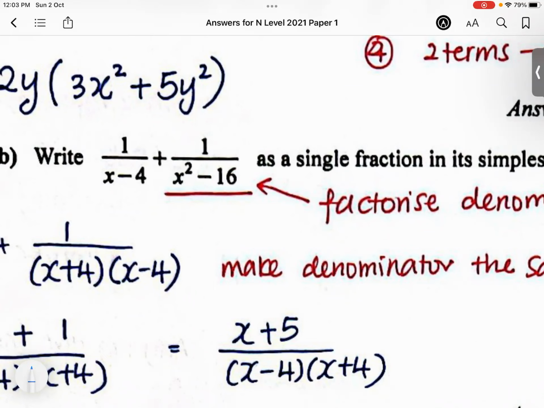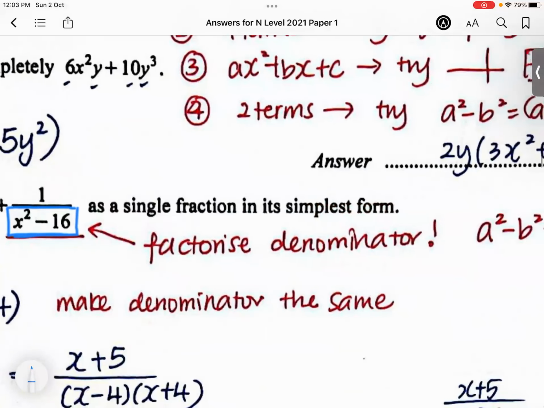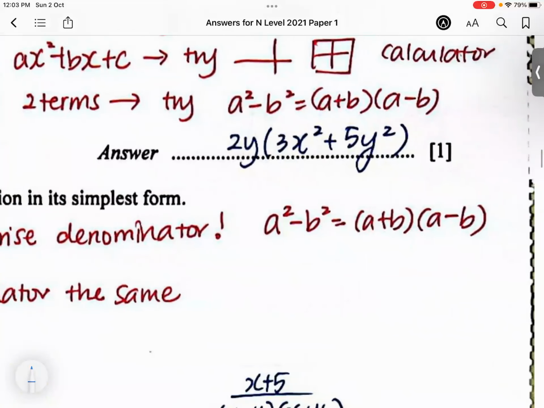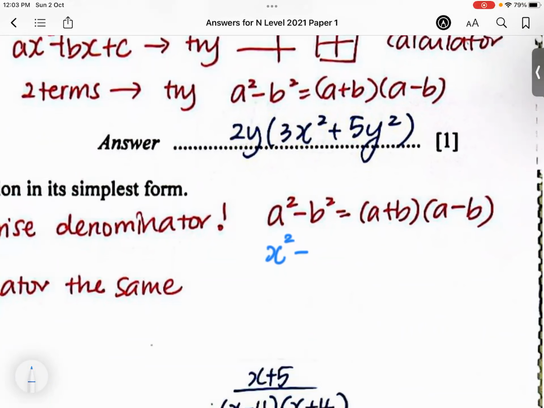So in this kind of situation, the first thing is to check, is there any denominator that can be factorized? Is there any denominator that can be factorized? So in this case, we have x squared minus 16. Think of x squared minus 16 as the pattern a squared minus b squared. With x squared minus 16, 16 is what number squared? It's the square root of 16, which is 4 squared. 4 times 4 gives you 16.